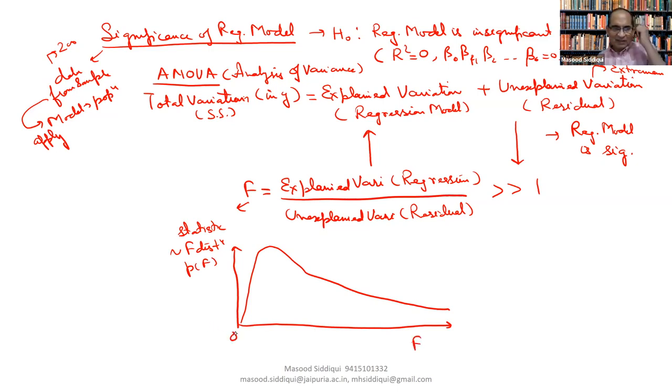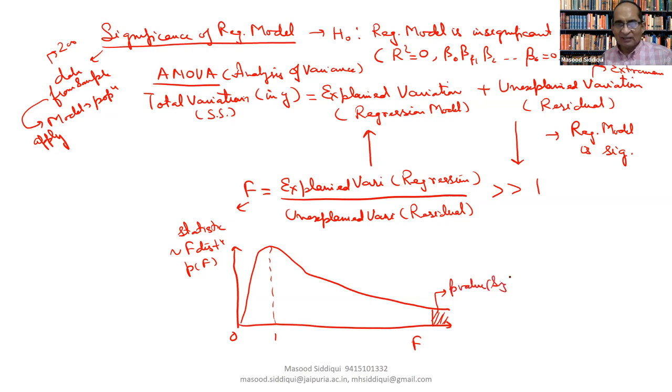It can never be negative since we have sum of squares of variation in the numerator as well as the denominator. The mode, or highest frequency, would be at 1. As the value of f becomes much higher than 1, we can consider the corresponding right tail probability, or the p value.